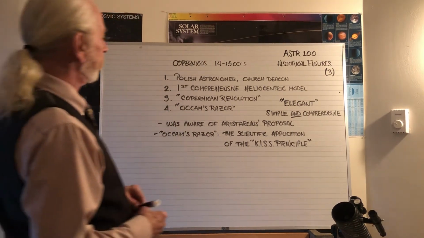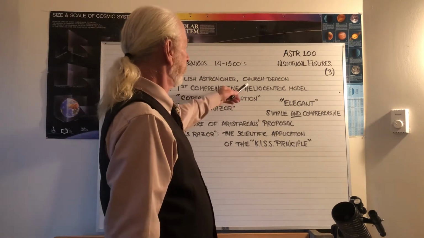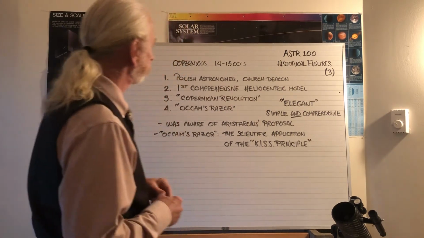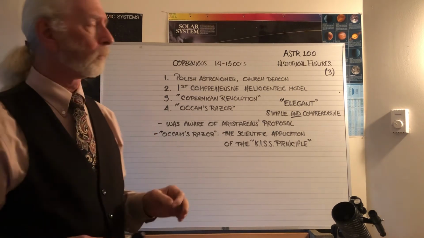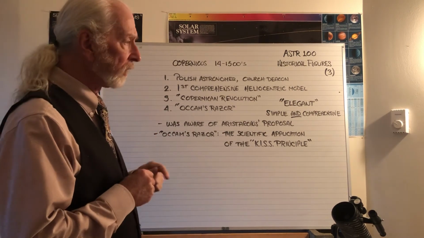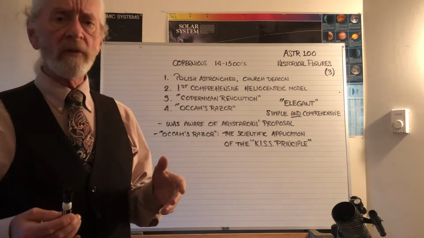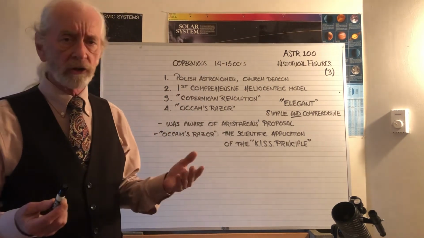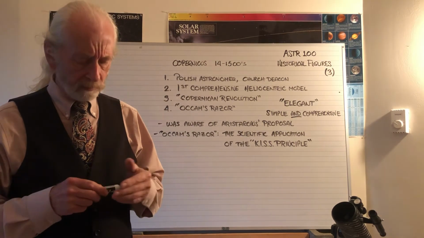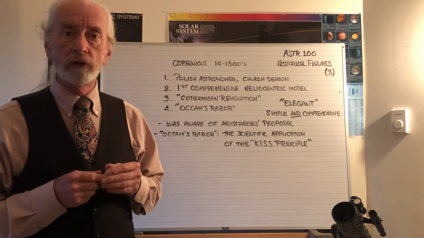Now, back to this idea of Copernicus being a church deacon, or as some accounts have, a priest. The point is, he is in some fashion or another a church official, and he was an educated man. Interesting guy too. By all accounts, a pretty good Joe.